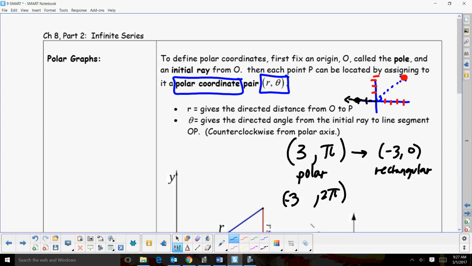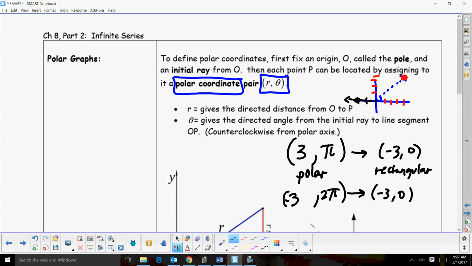So sweep to 2 pi. So I'm at 2 pi, and then I go -3. Oh, back to 3. What point are you at? The same spot. So again, this one is at -3, 0.